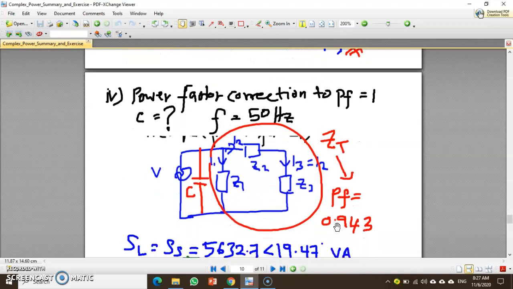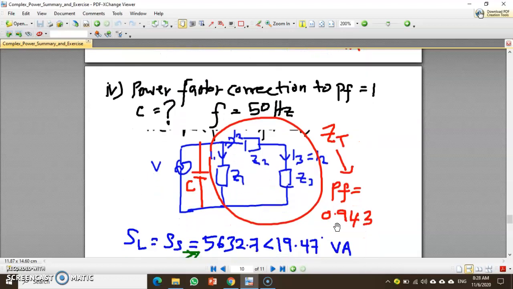Then the last one, okay, find the power factor correction. Find the value of C, the value of the capacitor, in order to increase our power factor to unity. In this case, we assume our system frequency equals 50 Hz.